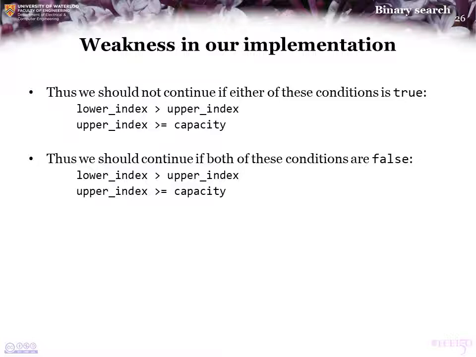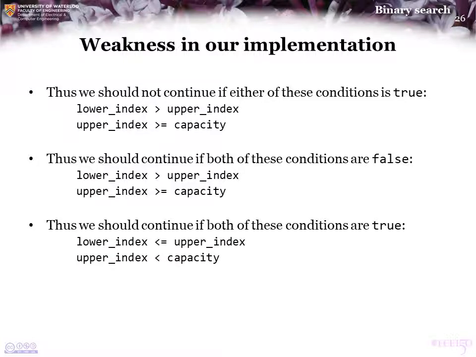So it is false that lower index is greater than upper index, and it is false that upper index is greater than or equal to the capacity. Thus, we should continue if both of these conditions are true. That is, lower index is less than or equal to upper index, and upper index is less than capacity.